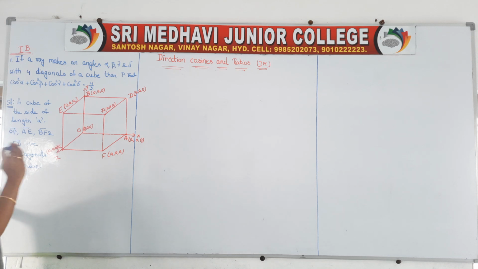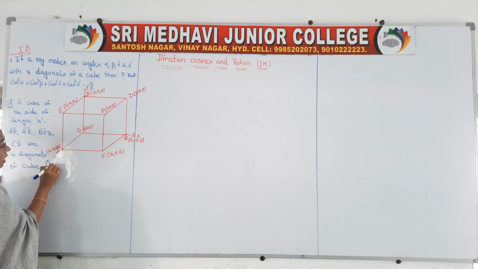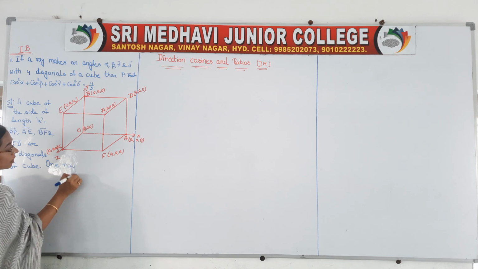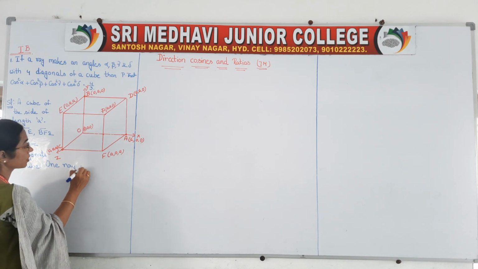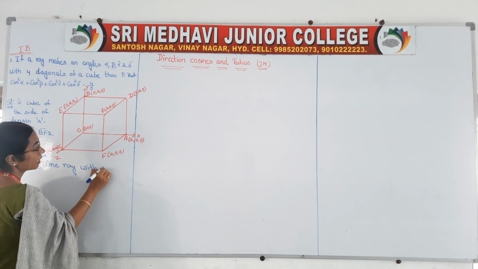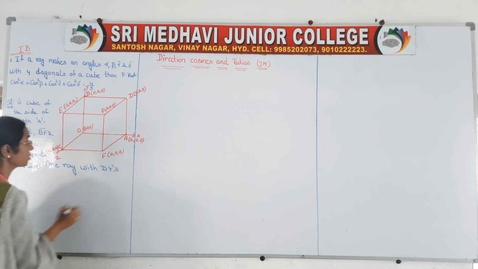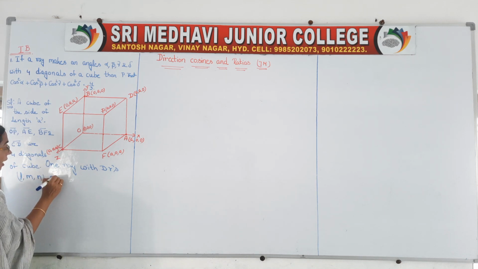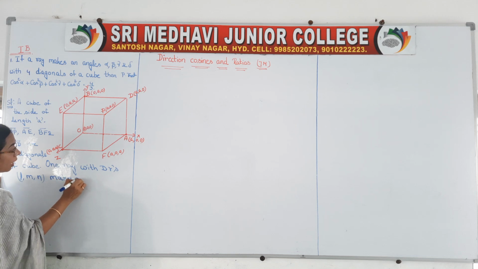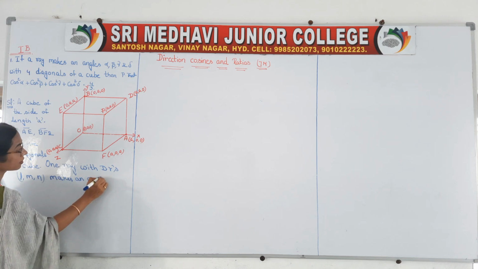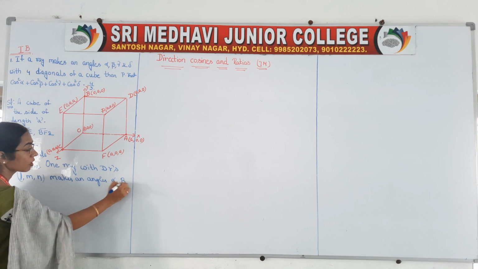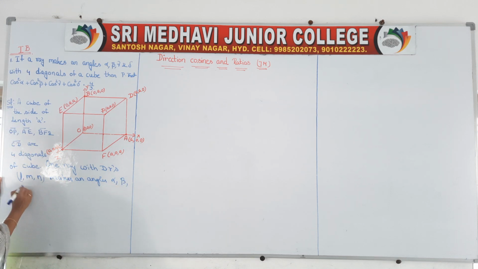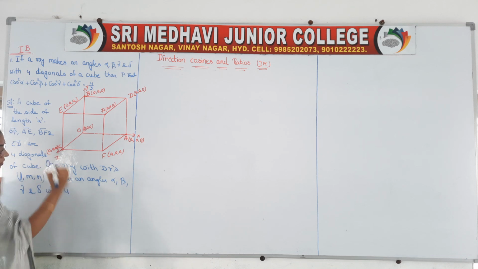Then one ray with direction ratios L, M, N makes angles alpha, beta, gamma and delta with the 4 diagonals. How do we know?